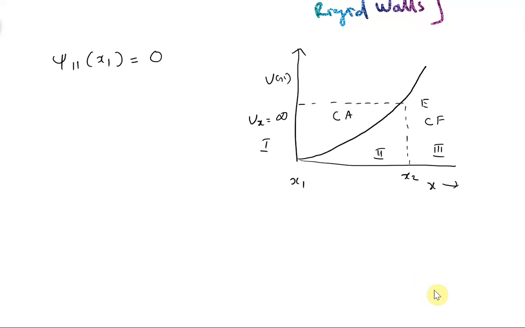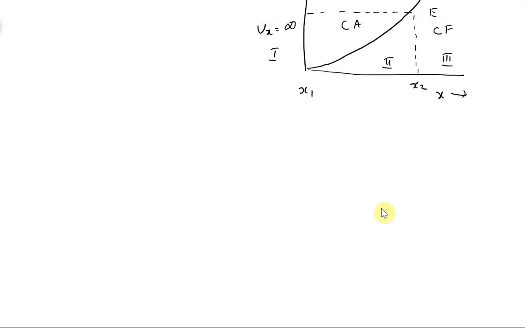How do we write it? I'll write it with the boundary one. So psi 2 is something, I'll take the constant right now A, divided by root p of x.